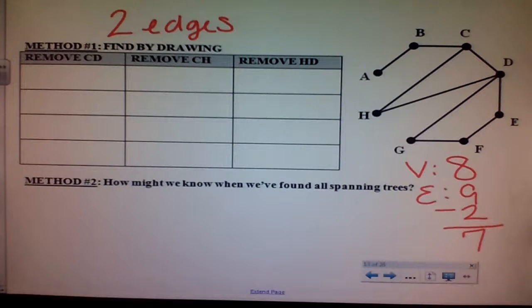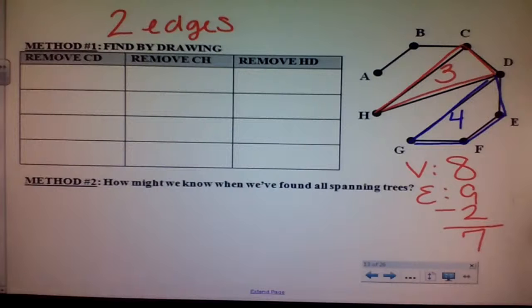All right. So this is the one that we dealt with last time. We said I could remove any one of these 3. But this time, instead of just having 1 circuit, I have 2. So how many different ways can I break up this circuit? 4.